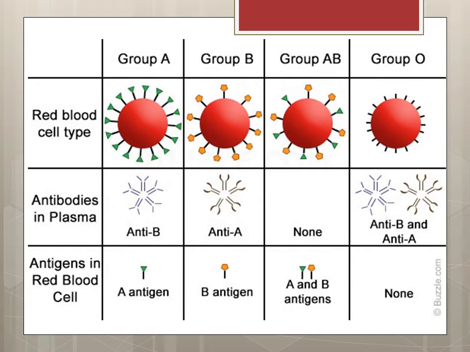So antigen A for blood group A, antigen B for blood group B, antigen AB for blood group AB. Just keep in mind, if the antigen is present, we don't want a matching antibody because we don't want our blood to clot when we want it to flow.